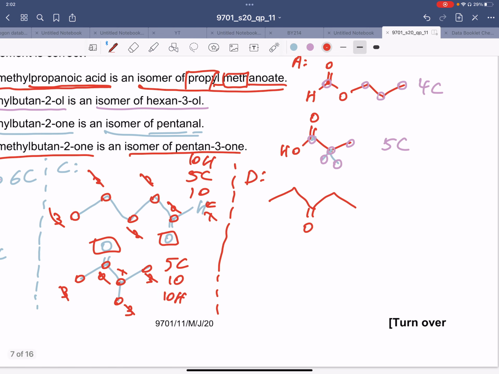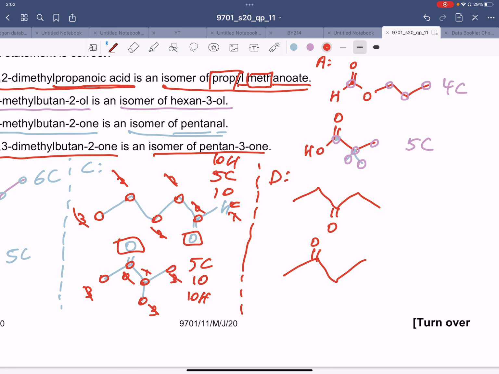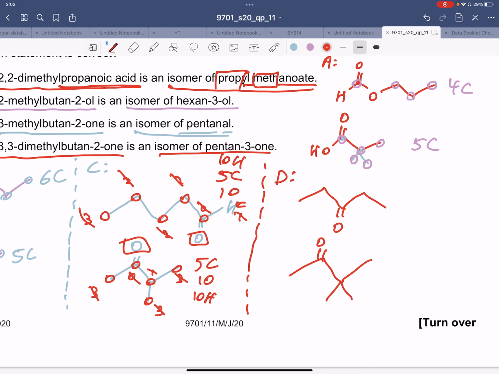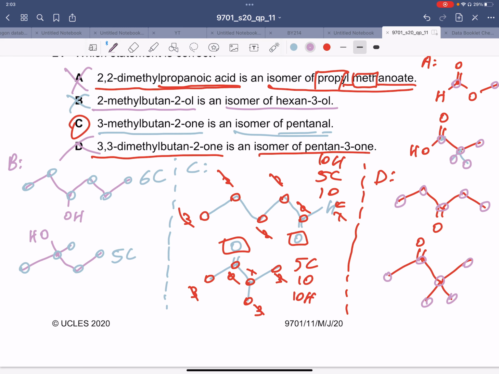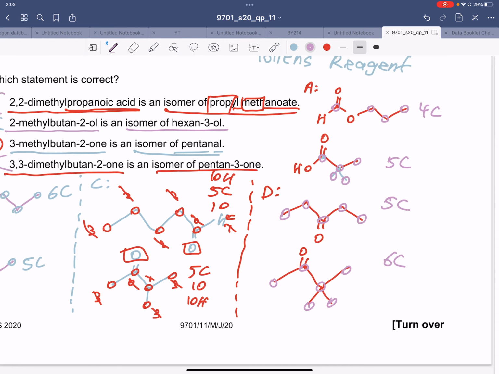Okay, so butan, so 1, 2, 3. 2-one, so like that. And then 3, 3, so just right here. 3,3-dimethyl. And if we count them up again, 1, 2, 3, 4, 5, 5 carbons. 1, 2, 3, 4, 5, 6 carbons. So again, this one can't be either because the number of carbons differ. So answer choice C should be correct.